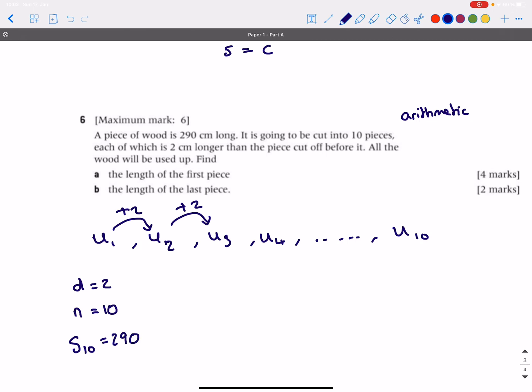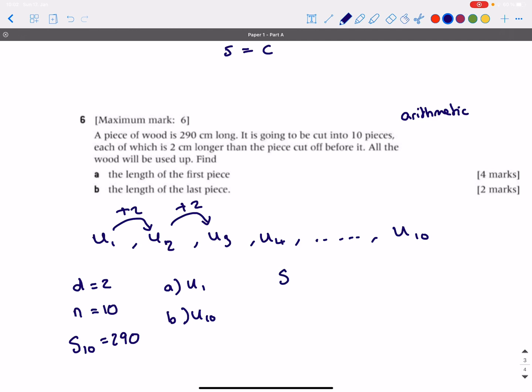And after that, once I've pulled all that together, the rest of it's not so bad because I can use the formulas in the formula booklet to help me work through it. Part A is asking me to find U1 and part B is asking me to find U10. If I look in the formula book, there are 2 formulas for arithmetic sequences for Sn.